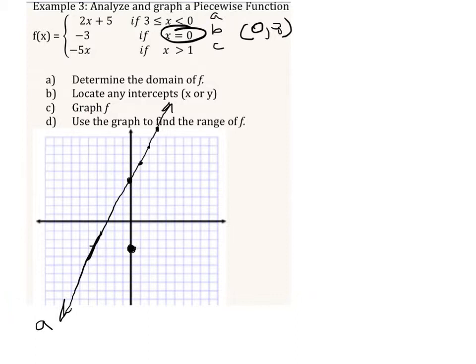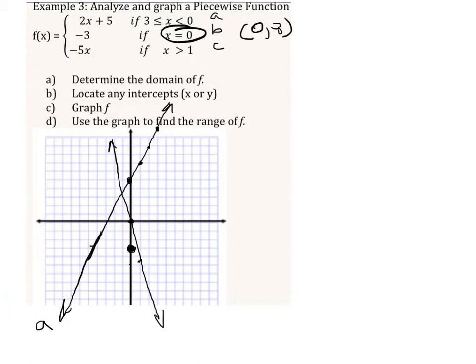Okay, so then -5x, we start at 0, 0, and we go down 5 and over 1. And then we draw. Oof, that last bit was a bit ugly, sorry. Okay.